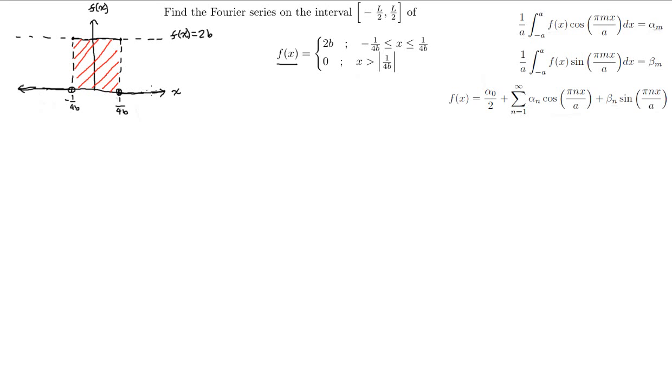Well, we could say that L over 2 is greater than 1 over 4b, in which case that would put our bounds somewhere out here, right?